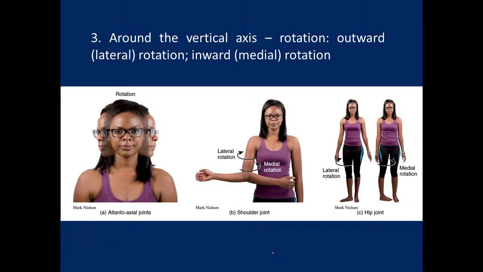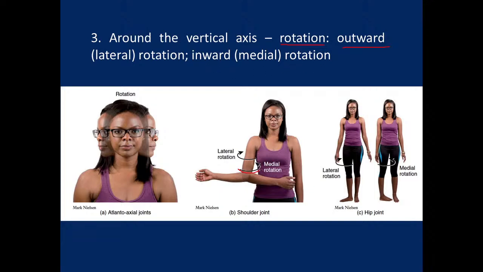Around the vertical axis, we distinguish also two kinds of movements, with the common name rotation. It is possible outward rotation, sometimes lateral rotation, and inward rotation.